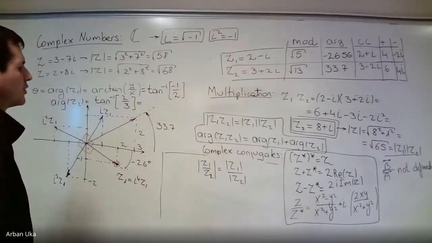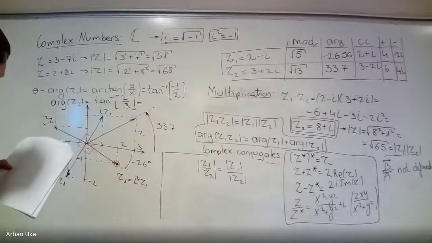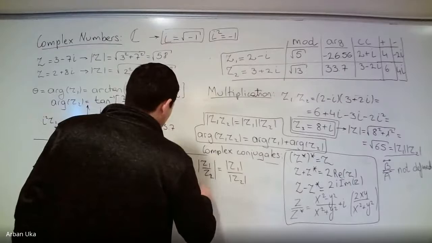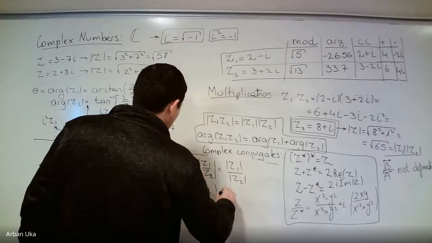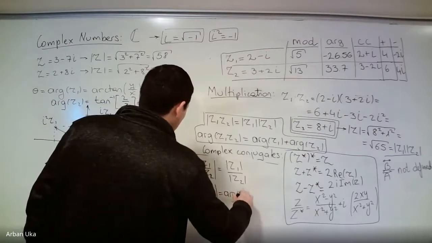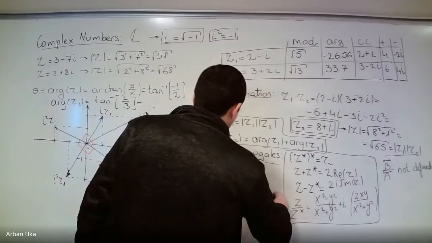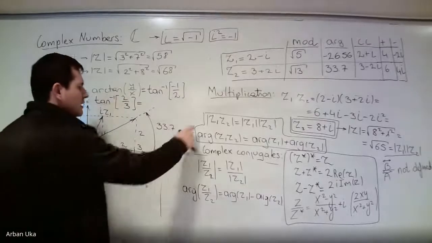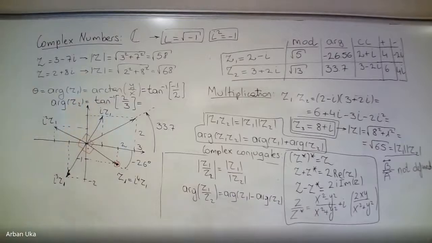Okay, so this is a property which looks very similar to this one in here. And the argument or the angle which corresponds to the ratio of Z1 over Z2 is equal to the argument of Z1 minus the argument of Z2. Okay, so in principle, these look like equivalent principles, because there is a similarity between those.